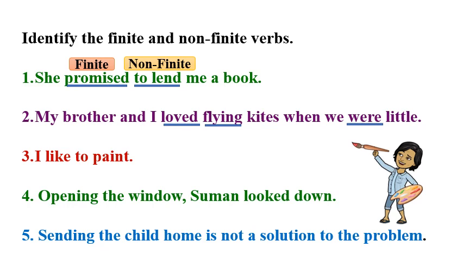Do you remember what the helping verbs are? Shall we quickly revise it once? Repeat after me. The helping verbs are am, is, was, are, were, will, would, shall, should, can, could, may, might, must, do, did, done, have, has, had.